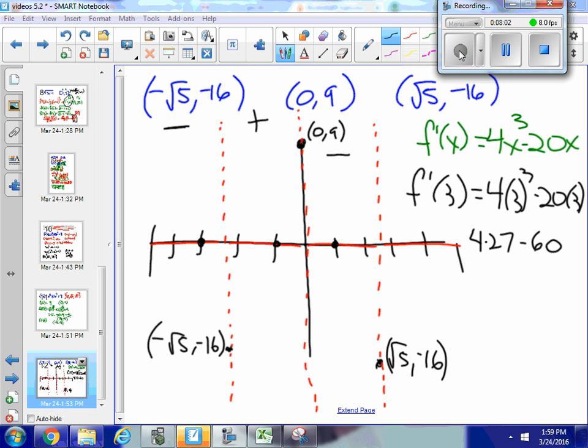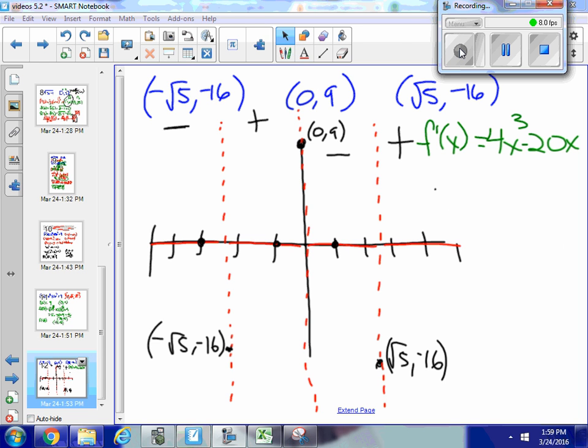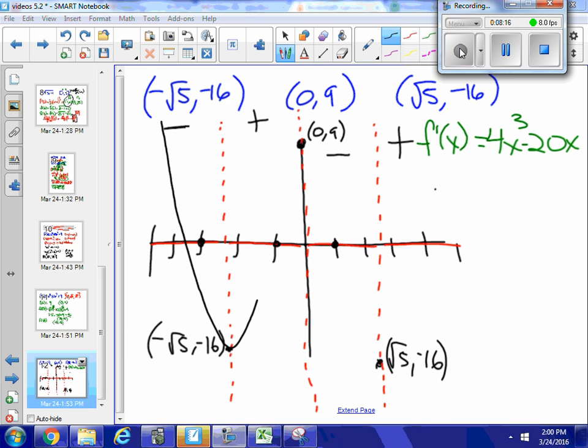This interval here is going to be positive. So it's looking to me as if my graph is going to be something like this. It's going to be coming down here, and that's going to be my turning point. And then it's going to be going up, and then it's going to turn around right there at that critical point. And then it's going to go down, and then it's going to turn around and go up.